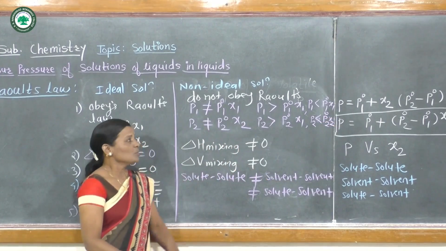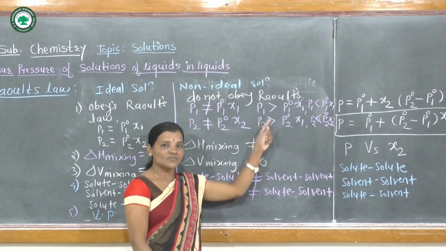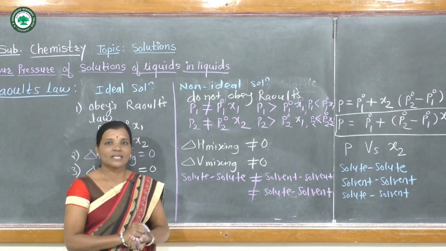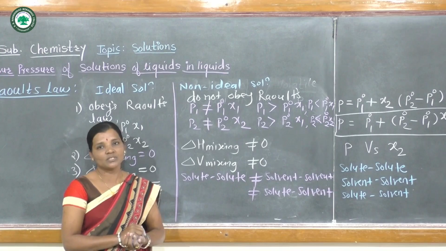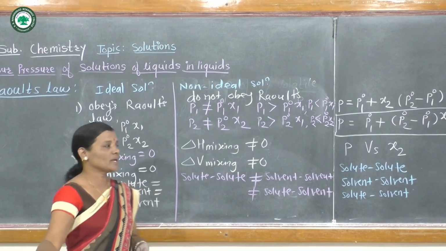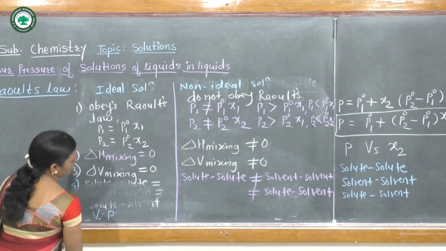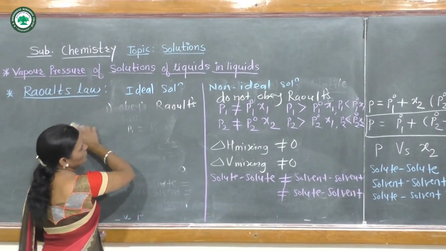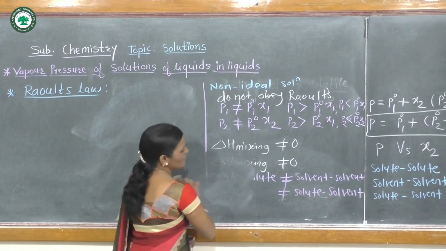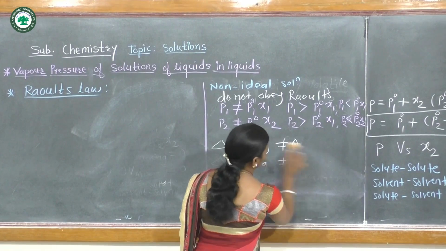That means both these conditions can be observed for a non-ideal type of solution, and so a non-ideal solution shows two types of deviations. Now let us see what those two types of deviations are. Two types of deviations are observed in case of non-ideal solutions: positive deviation and negative deviation.